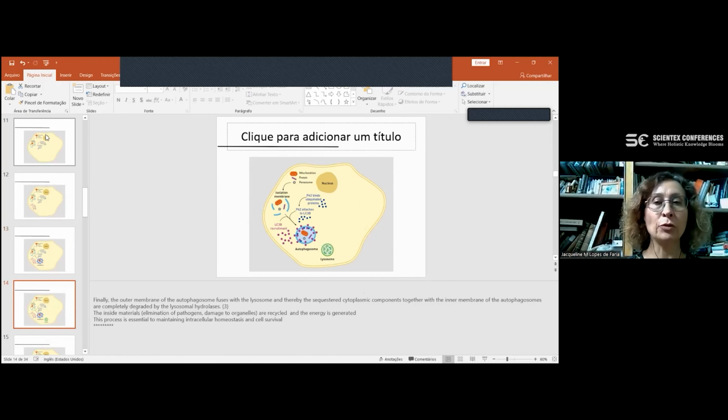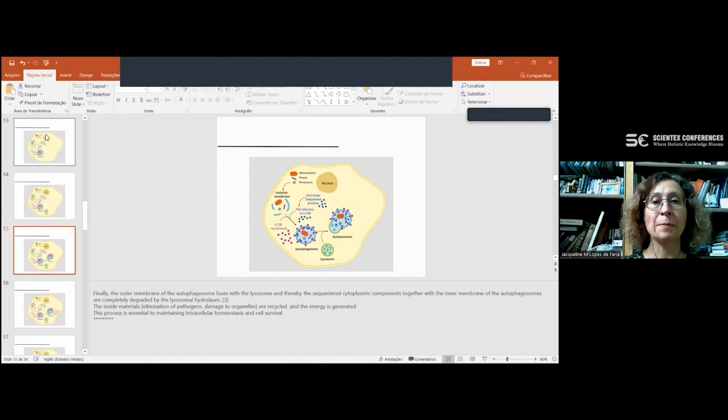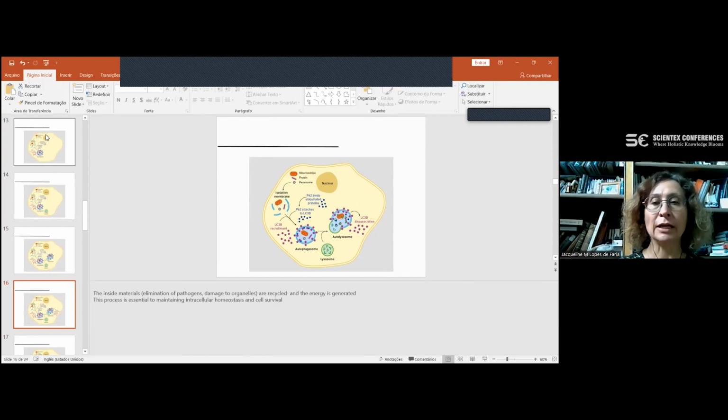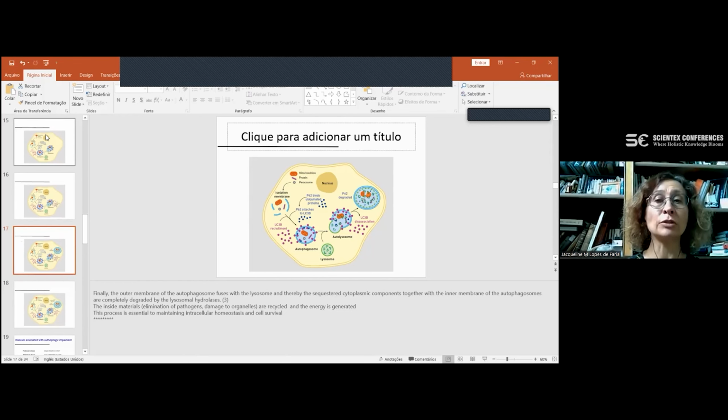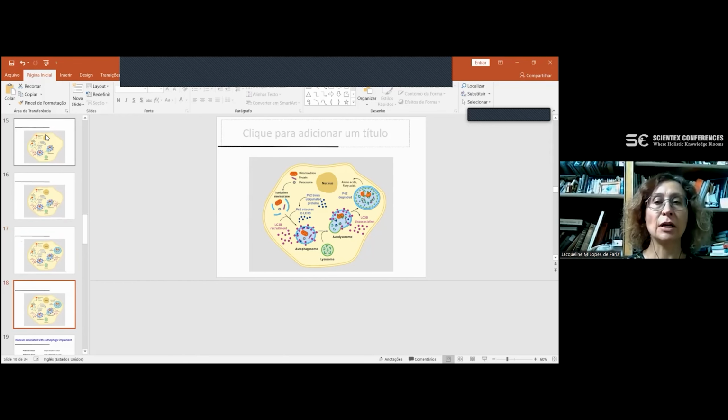The autophagosome will fuse with the lysosome, with its proteolytic enzymes, and will liberate the LC3B to return to the cytosol, degrade the content, and clear it into amino acids, fatty acids, and so on, recovering the energy and the homeostasis of the cell.